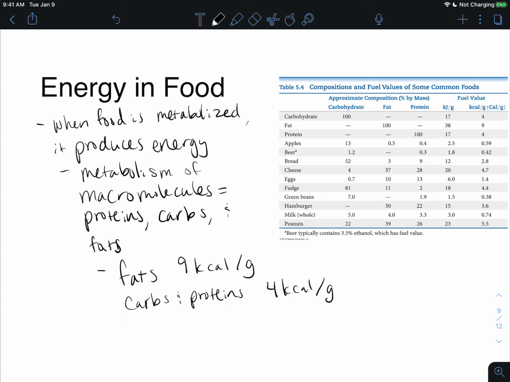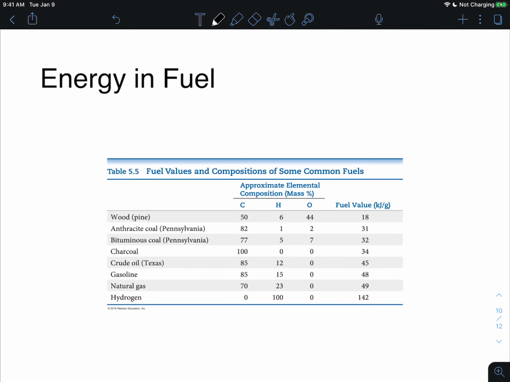Okay? So we could actually determine from just our fats, carbs, and proteins how much energy we can get by eating something. Probably some other energy sources you're familiar with is energy and fuel. So different fuels will have different fuel values, so kilojoules per gram.